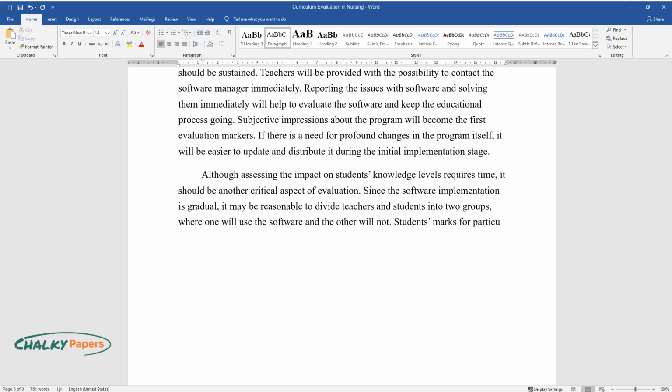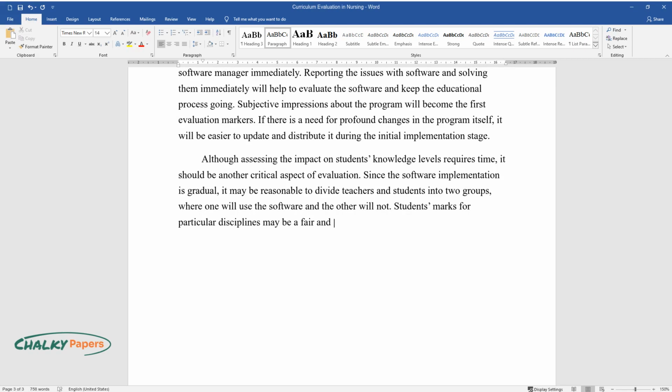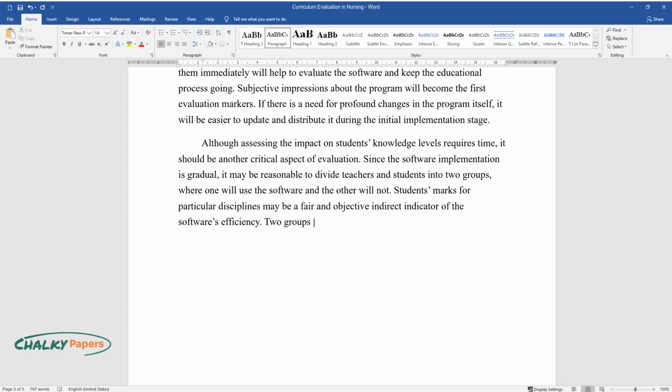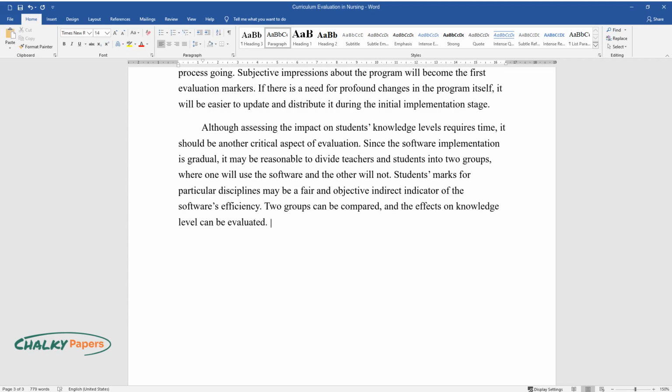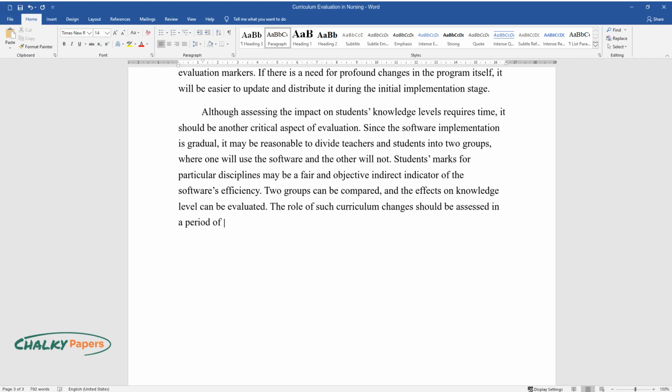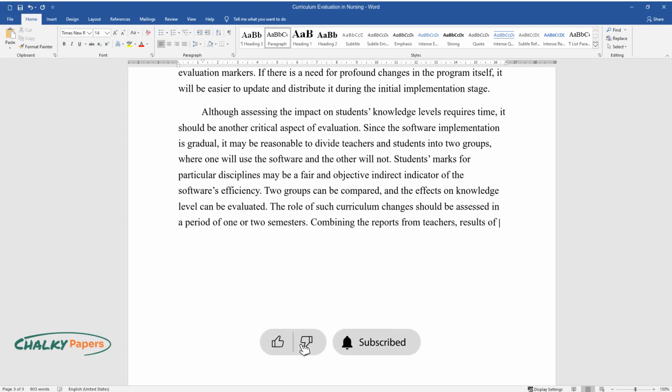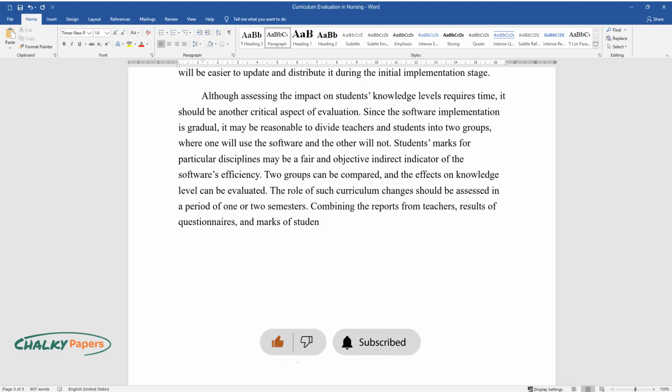Students' marks for particular disciplines may be a fair and objective indirect indicator of the software's efficiency. Two groups can be compared, and the effects on knowledge level can be evaluated. The role of such curriculum changes should be assessed in a period of 1 or 2 semesters. Combining the reports from teachers, results of questionnaires, and marks of students will make the evaluation multimodal and complete.